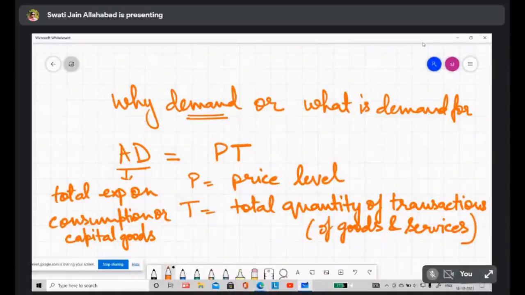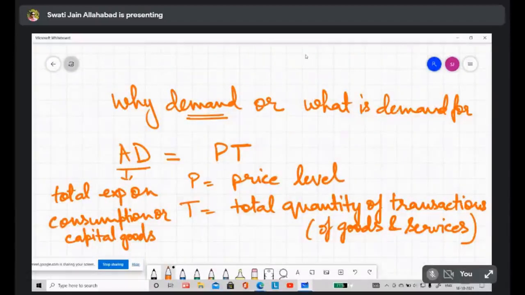We should remember how the classical system explains C and S. C, that is consumption, and S, that is savings. Any individual will either use income for consumption of goods and services, or if not, it will purchase capital goods from that income.